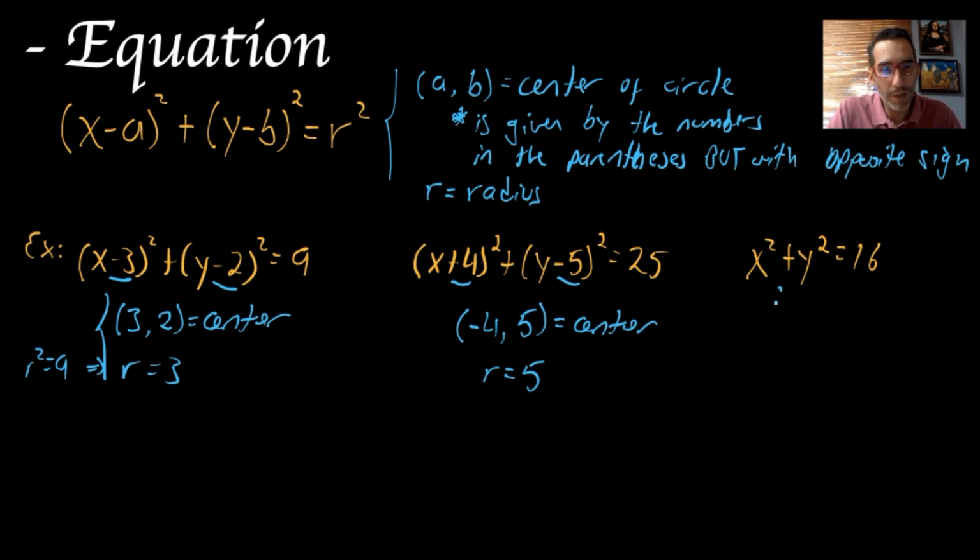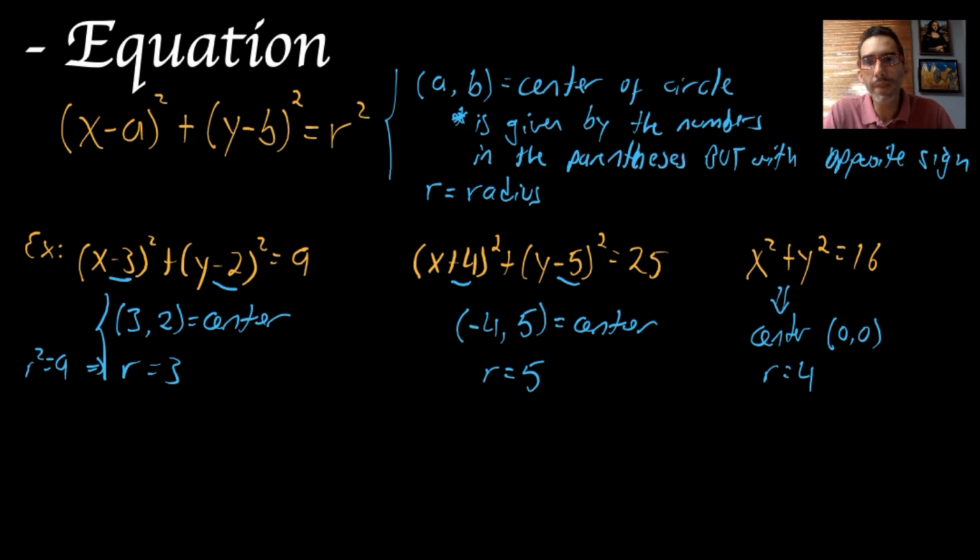So from this one, what we can conclude automatically is that the center of the circle is at (0, 0), at the very origin. Okay? And from here we can also know that the radius is 4. But if you don't see those numbers, like the parentheses and the number accompanying the x or the y, that means that the center of the circle is at the origin. Okay? So this will be the equation of the circles.